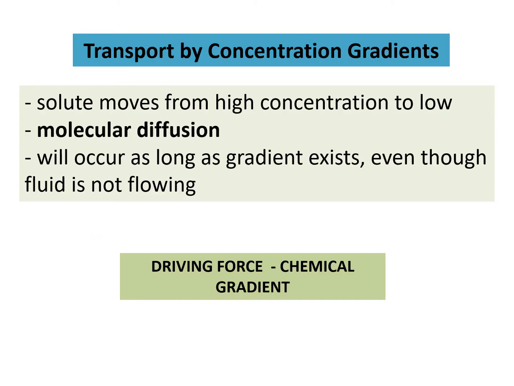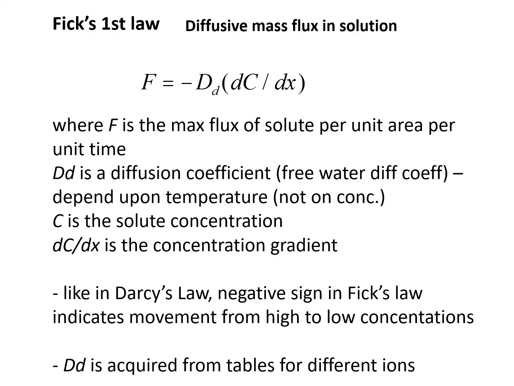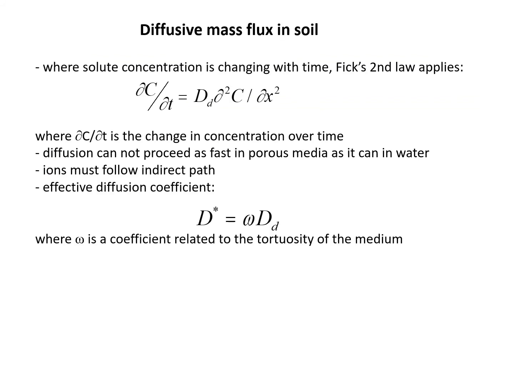Here we have transport by concentration gradients, which we have already gone through: Fick's first law and Fick's second law. The first law is for movement through diffusion from one point to the other, while Fick's second law is the concentration variation with time.